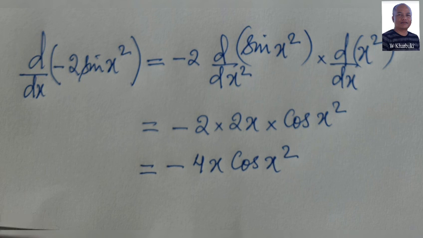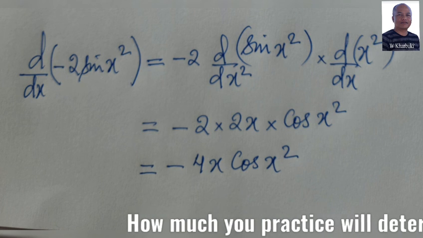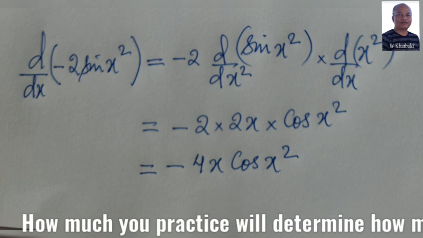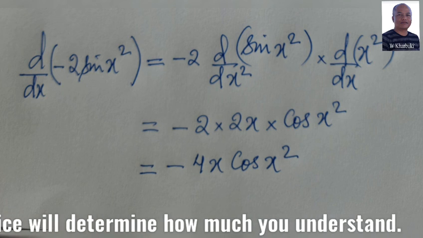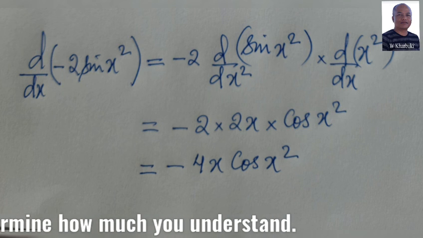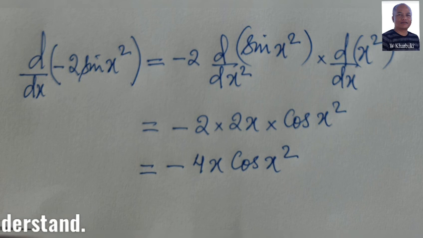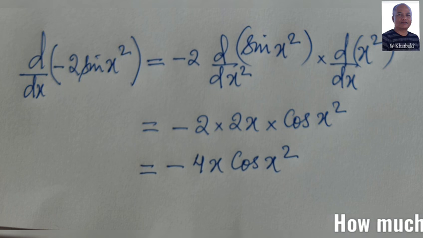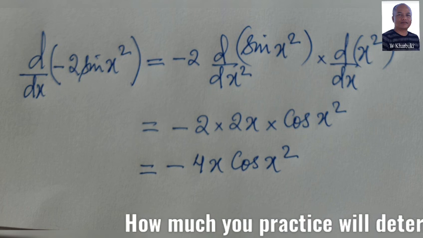So what is this minus 4x cos x squared? So minus 4x cos x squared is a formula to find out the slope of the tangent at any point on the graph of the function minus 2 sine x squared, if we know that real number x which is on the x-axis. So how wonderful it is, the derivative of a function.